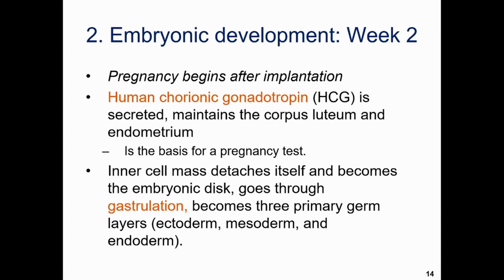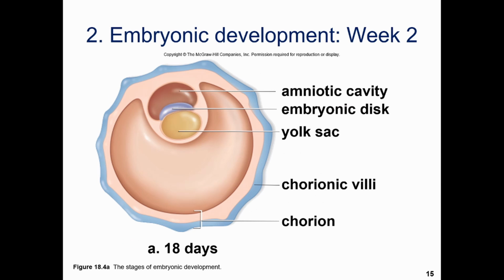You can develop either mouth or anus first, depending on what species you are, and as humans, I'll let you guess which one. If you haven't guessed yet, we develop anus first. Fun fact. We're also going to see our three primary germ layers develop: the ectoderm, the mesoderm, and the endoderm.